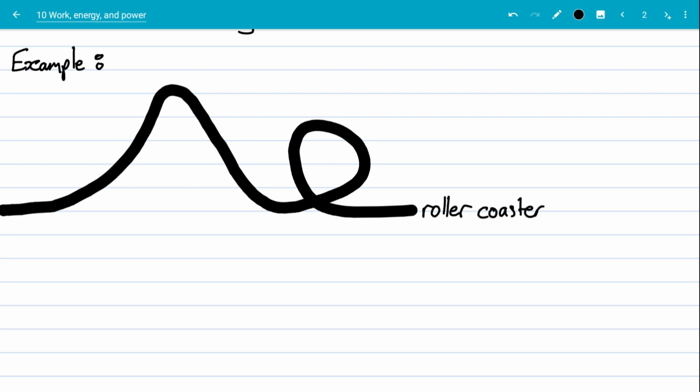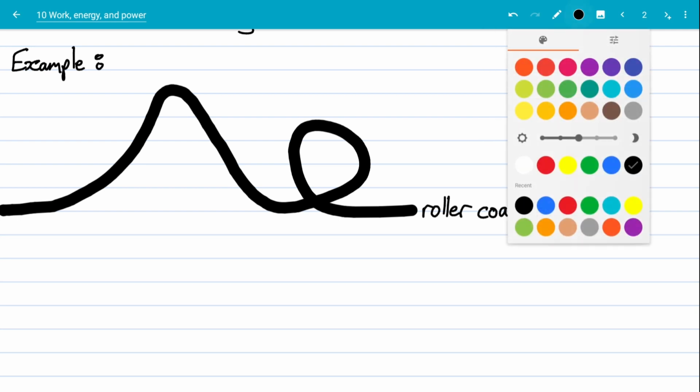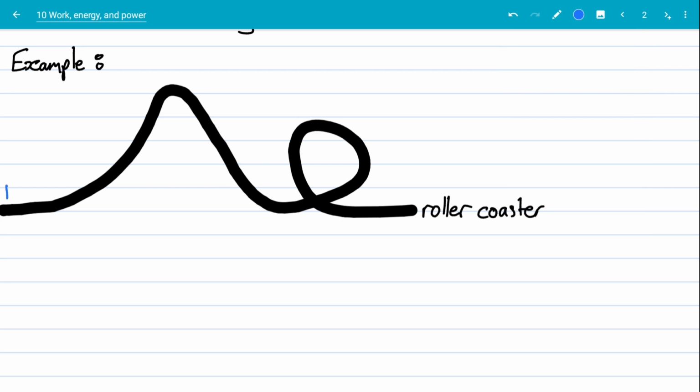So the way a roller coaster works is we transfer energy to lift up our mass, and then we don't put any more energy in. That energy just shifts between the two stores, the kinetic energy store and the gravitational potential energy store. So to lift the car from there to there, we have to put in a certain amount of energy.